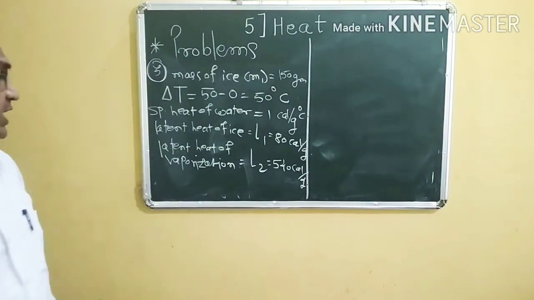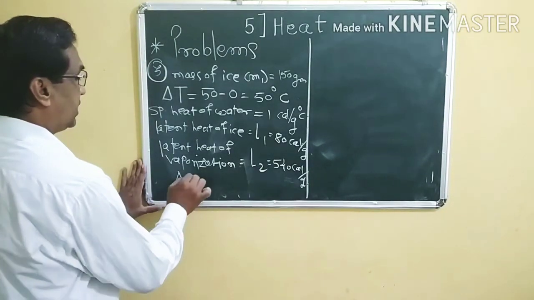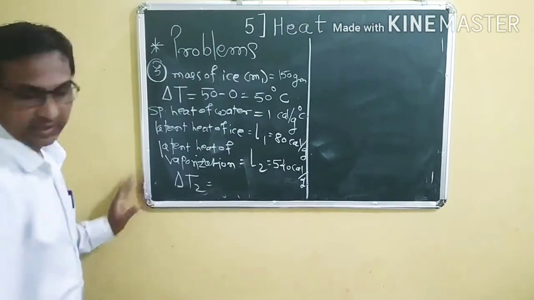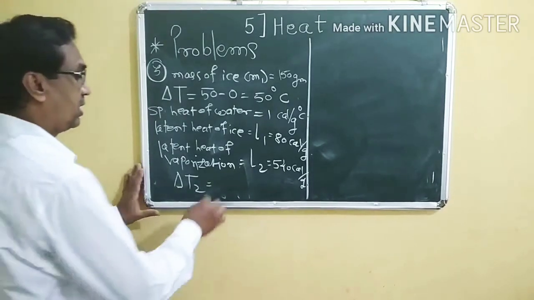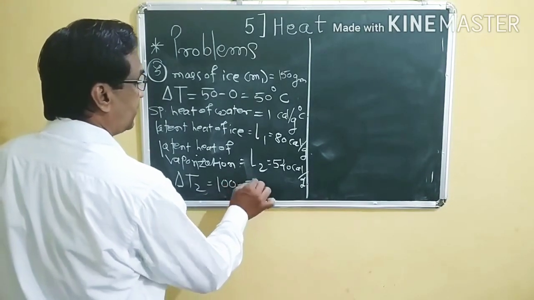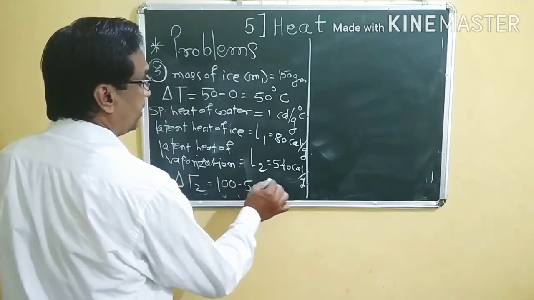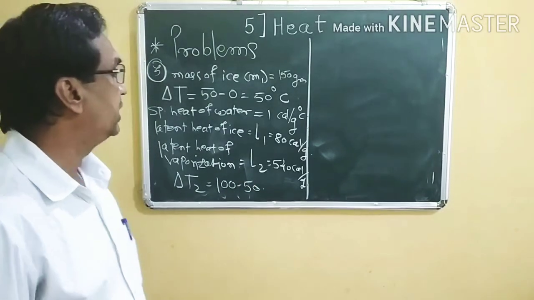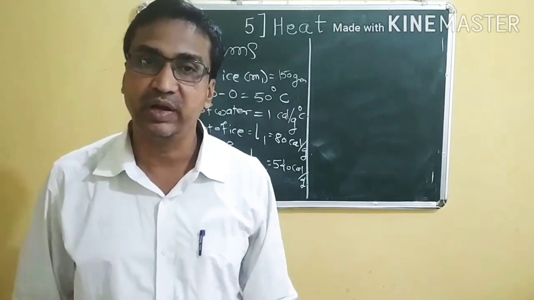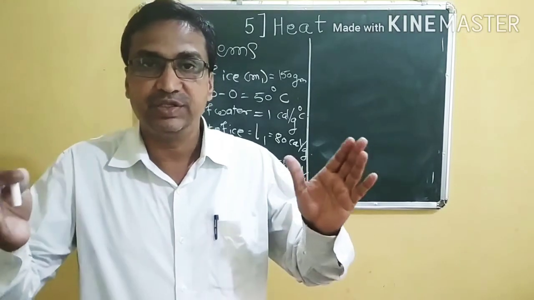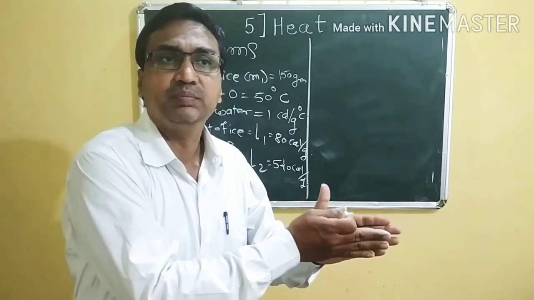So delta T2 is also given, and delta T2 is 100 minus 50, because the initial temperature of the steam is 100 degrees Celsius and it is converted to water of 50 degrees Celsius.